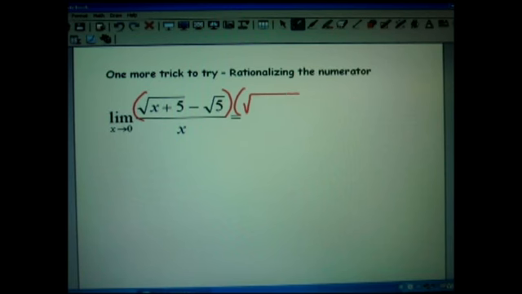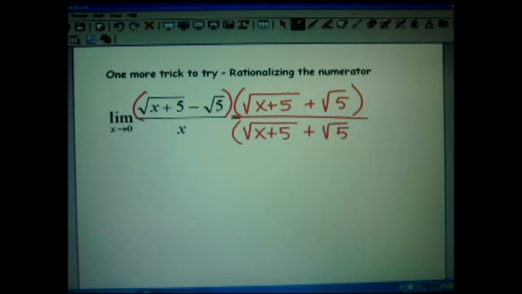So I've got radical x plus 5 plus radical 5 would be my conjugate here. And then whatever I do to the top, I need to do to the bottom as well to keep it equal. So of course, I'm just multiplying by 1, right, which is not changing the value of my expression here.